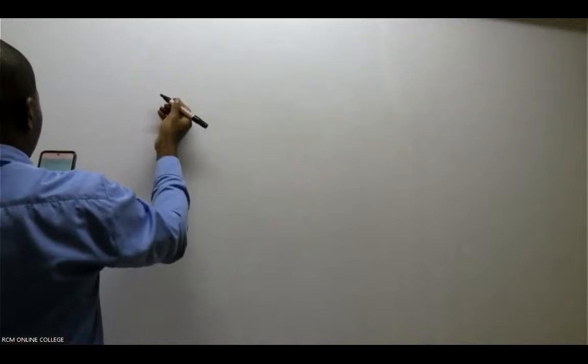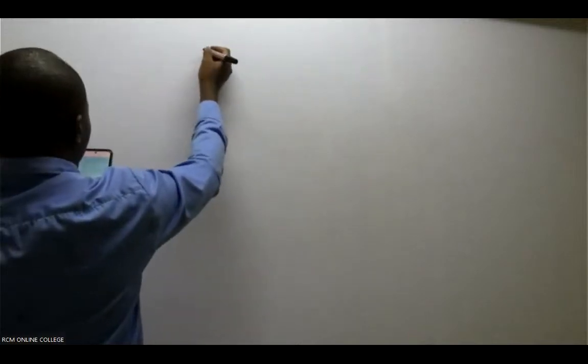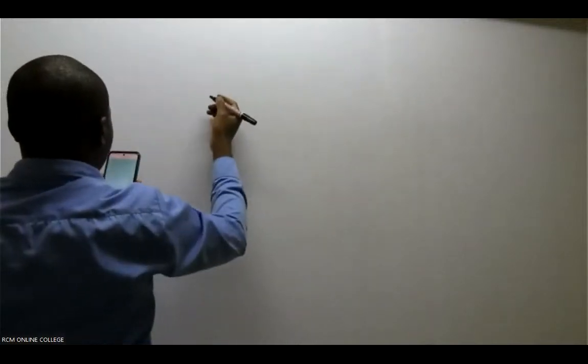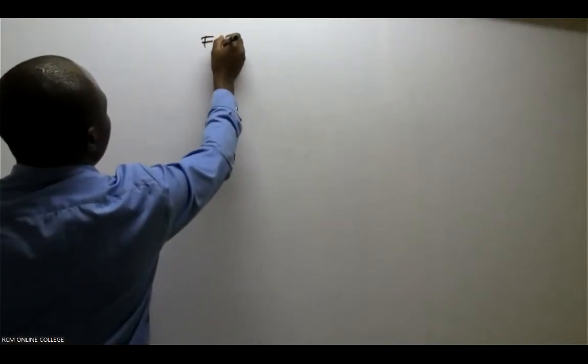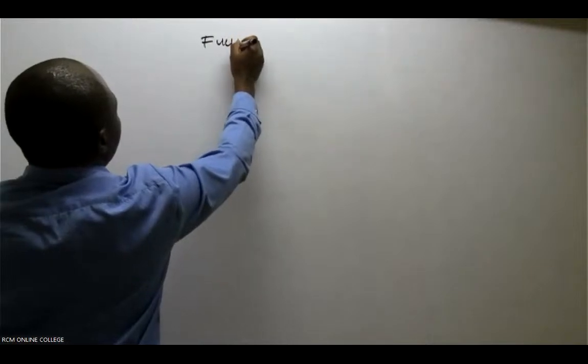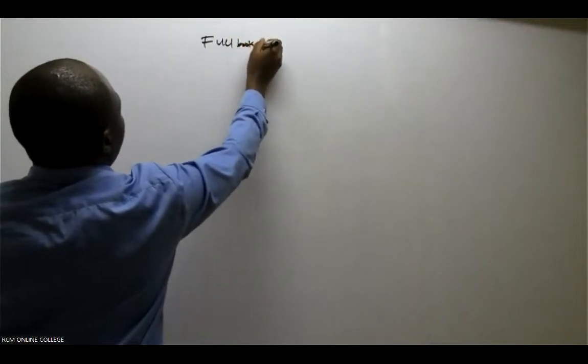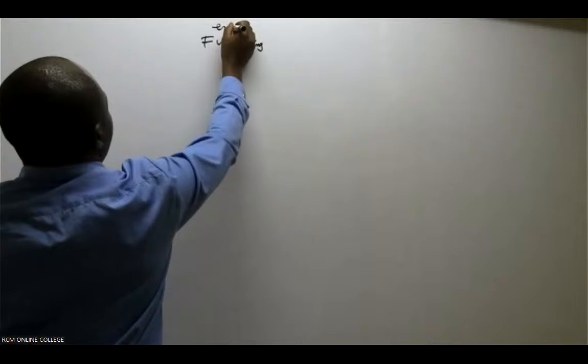In our payoff table here, we have events or possibility of occurrence. So we have full booking. That is now the events.